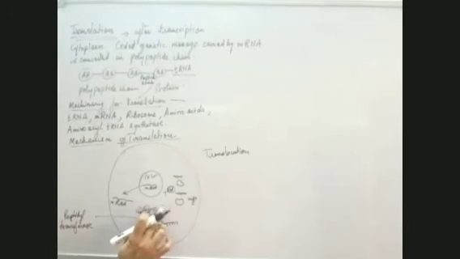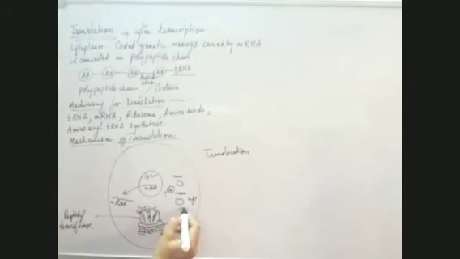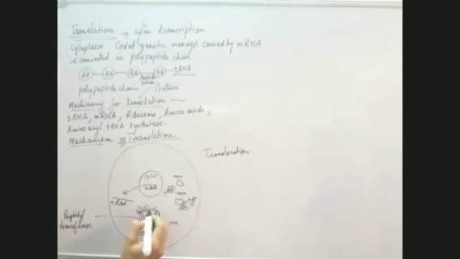Now valine has shifted here, so this first site is now empty to receive another transfer RNA with an amino acid. The next one is UUU, which codes for phenylalanine. So the next transfer RNA carrying phenylalanine will be accepted by the acceptor site.